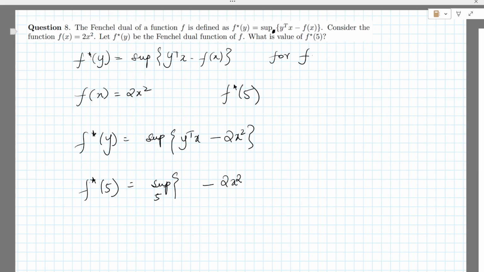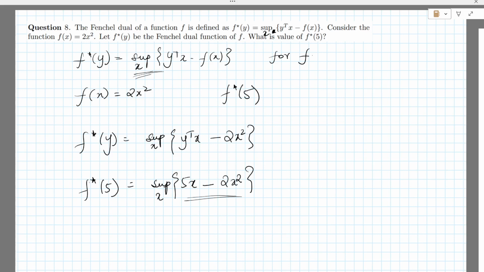Here it should be sup over x. So it is phi x minus 2x square. Yeah, now it makes sense. Okay, because this is a function in y, so we take the sup over x here. So basically we want the maximum value of this quadratic.